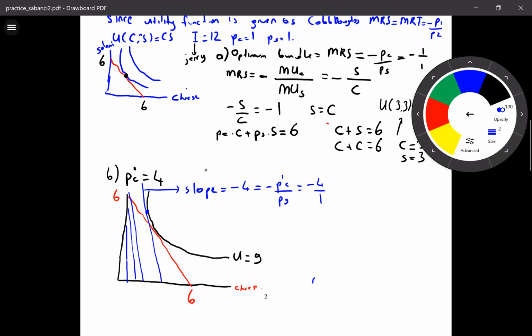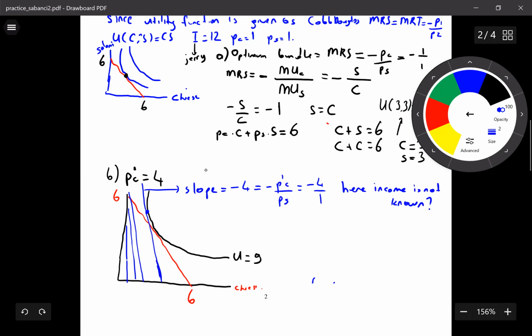Then how do I proceed? Here income is not known. I am looking for the level of income that will help me achieve the utility of 9 when the price of cheese is 4 and the price of salami is 1. We don't know the exact equation of this budget line.